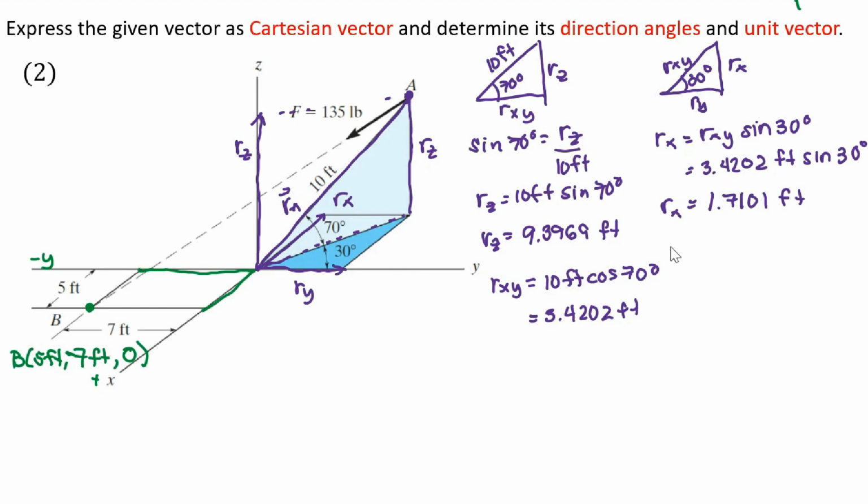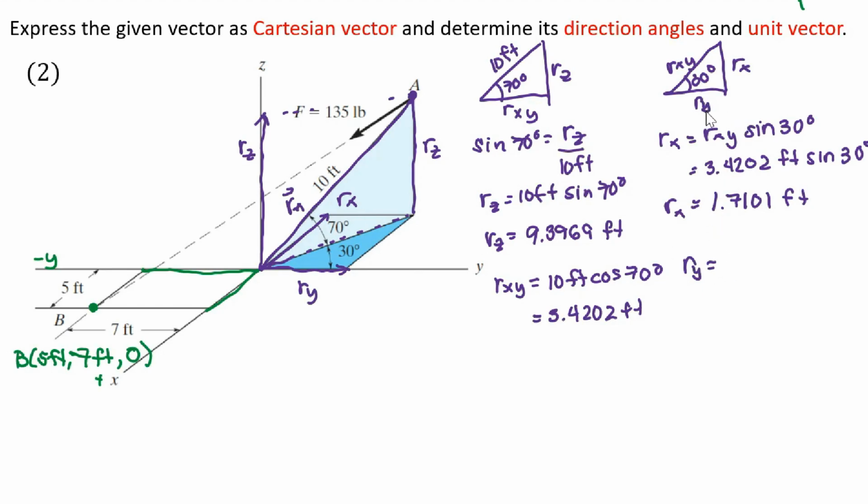And Ry is the adjacent of 30 degrees, so that is Rxy cosine 30 degrees, which is 3.4202 feet cosine 30 degrees. So that will be equal to 2.9620 feet.